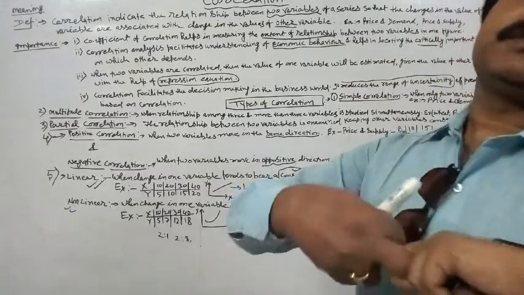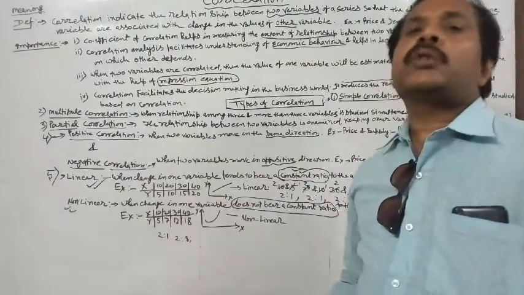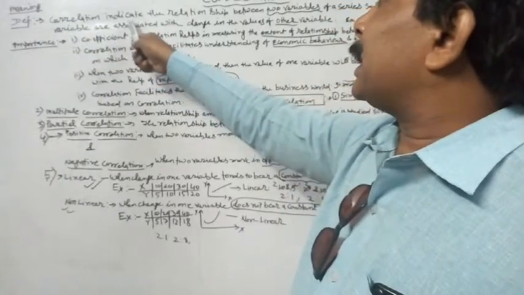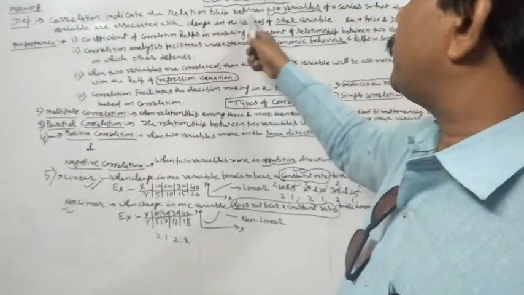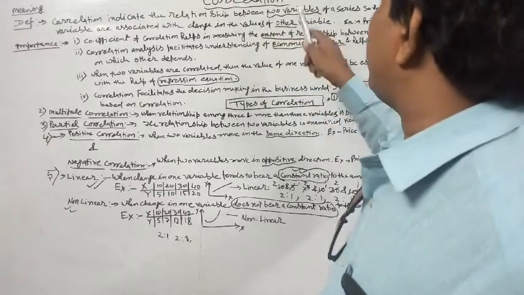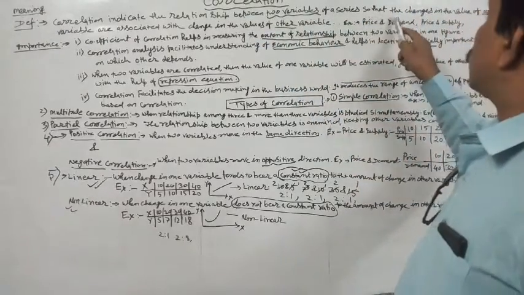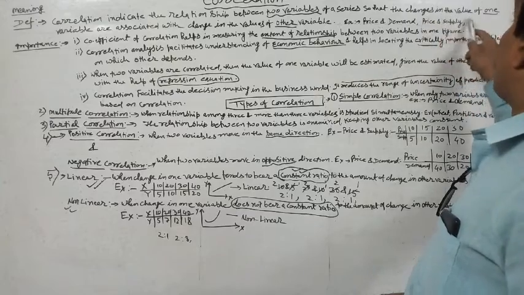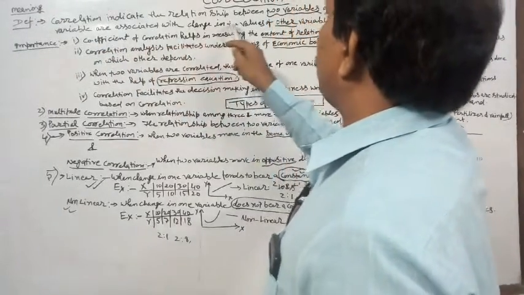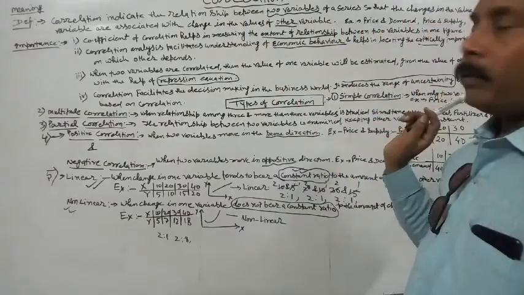So first of all you should know what is correlation. The relation between the two variables is known as correlation. In the definition I have written: correlation indicates the relationship between two variables of a series, so that the changes in the value of one variable are associated with change in the value of the other variable.